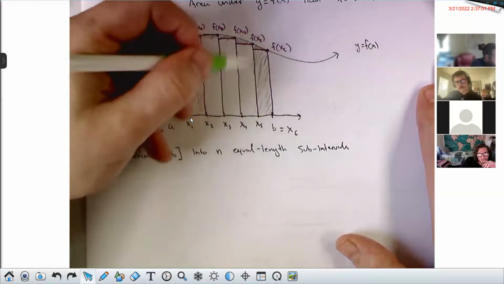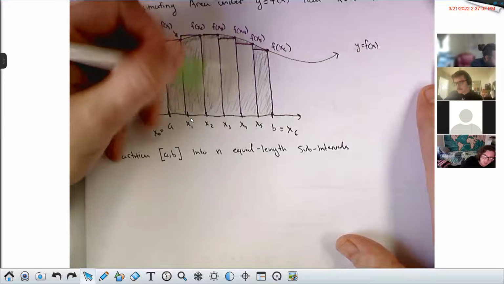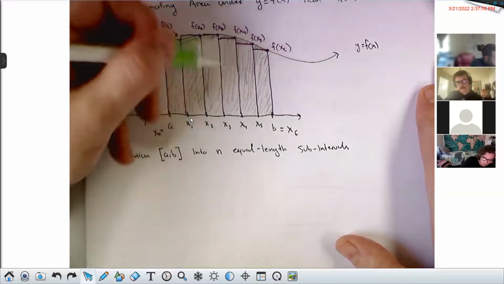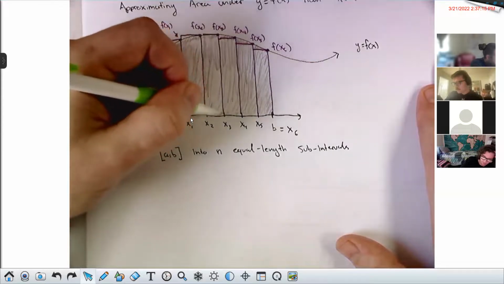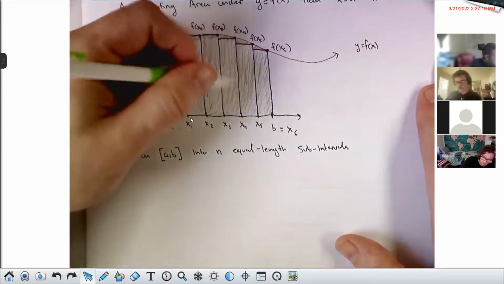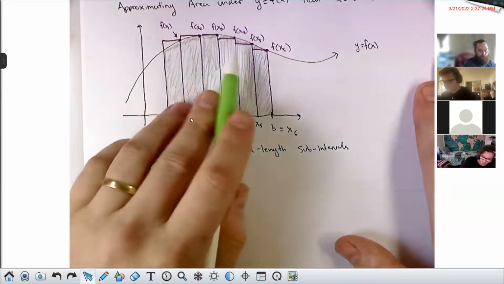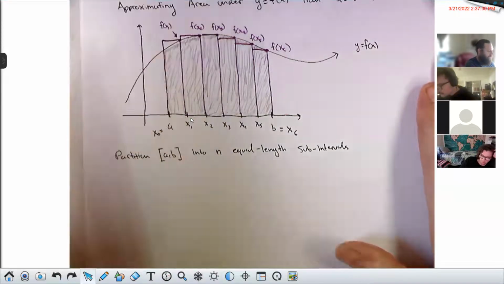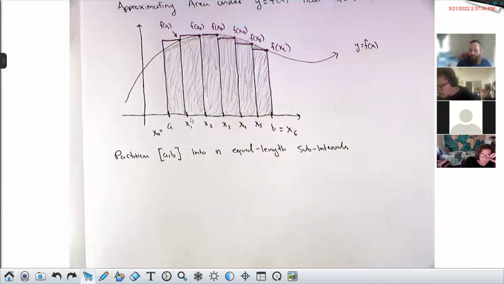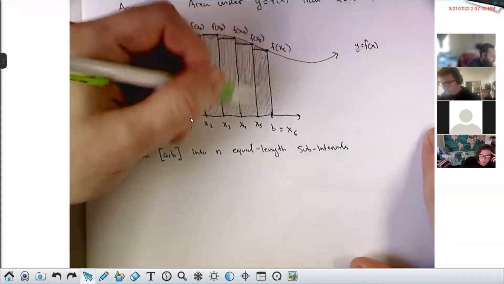Shading takes time. Art is hard. What I want to draw your attention to is that some of these rectangles are too big and some of them are too small. The area I'm trying to get is the pencil shaded area, the area bounded by the curve.